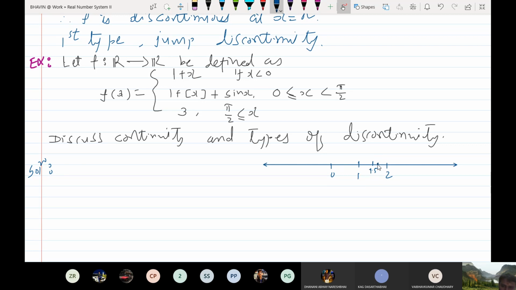Okay. So if your x is bigger than pi by 2, see, if your x is in this interval, then f has value x plus 1.